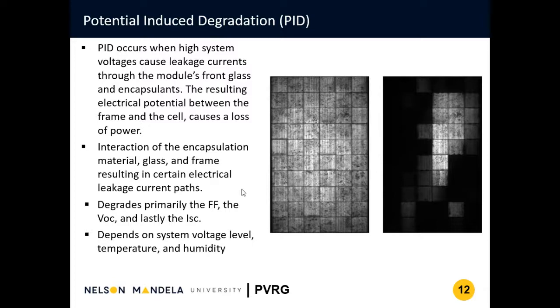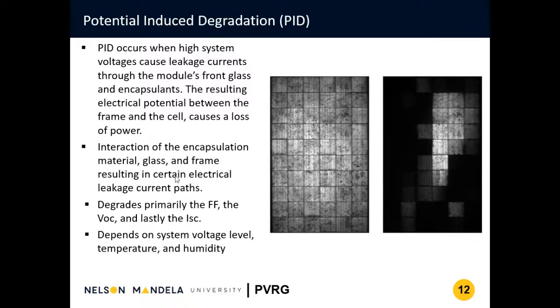It's very much dependent on the system voltage of the system and the environmental conditions of the installation. But it's visible quite clearly in EL images, where you start to see a checkerboard or a variation in EL intensity.